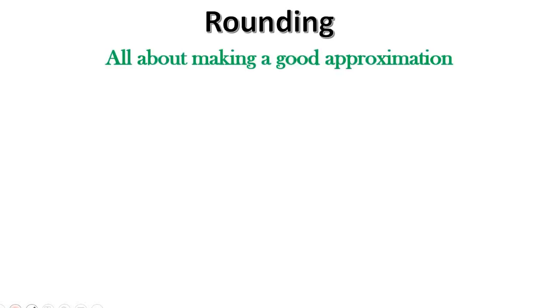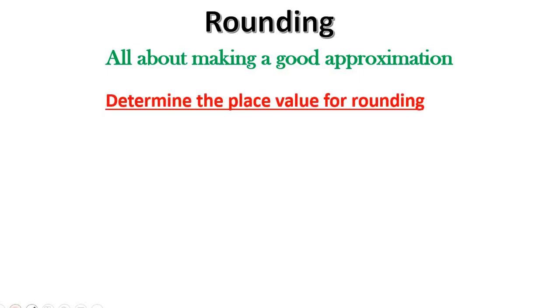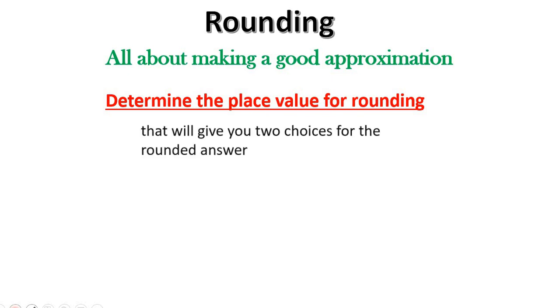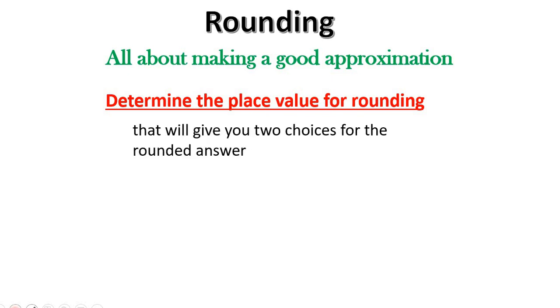Now, let's talk about the rounding part of it. It's all about just making a good approximation. We're wanting to make a reasonable choice. And so step 1 is find the place value for rounding. So use that chart, and then once you do that, you basically have 2 potential answers for rounding off appropriately.